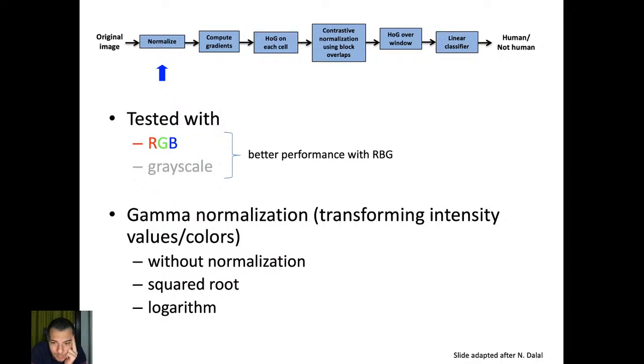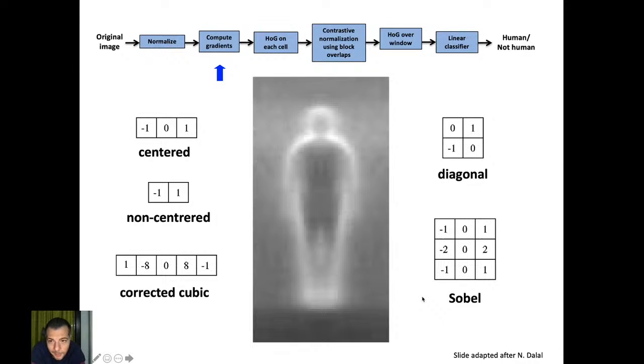So they transform the intensity values using the square root. I think they tried an approach without normalization, with square root and with logarithmic normalization, and they obtained better performance with the square root.